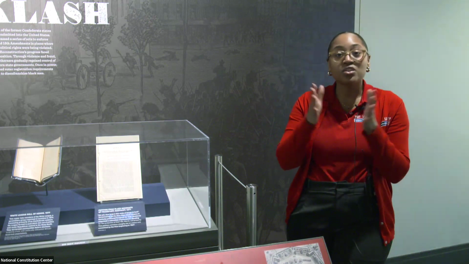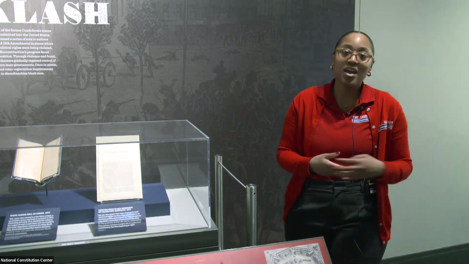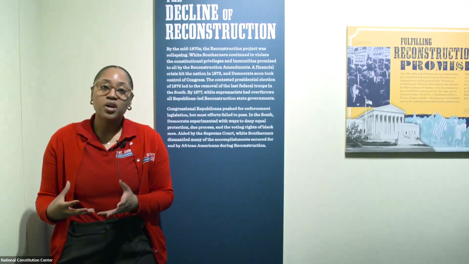They wanted to go back to a particular system that worked for them before the Civil War. And so at the very end of Reconstruction, that's basically what happens. So, of course, even though the end of Reconstruction doesn't really end on a good note when it comes to African Americans.